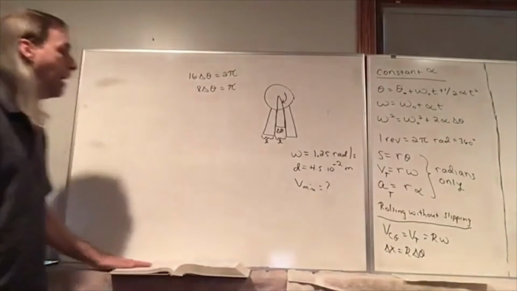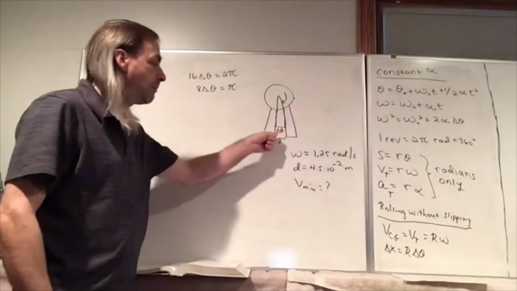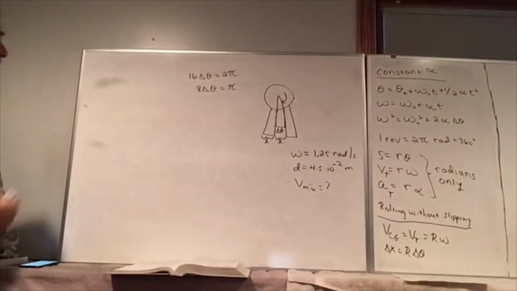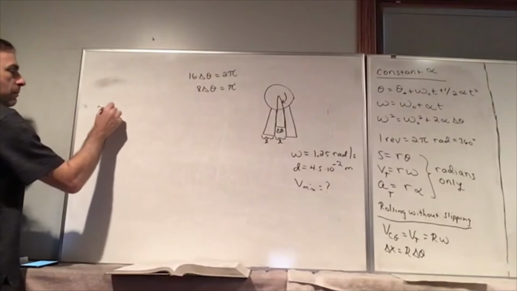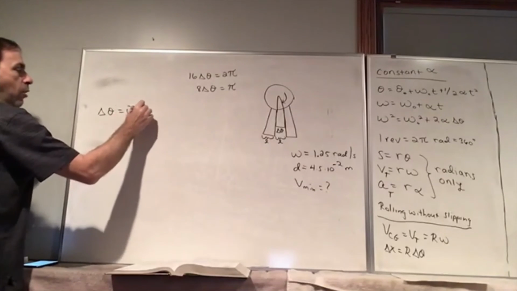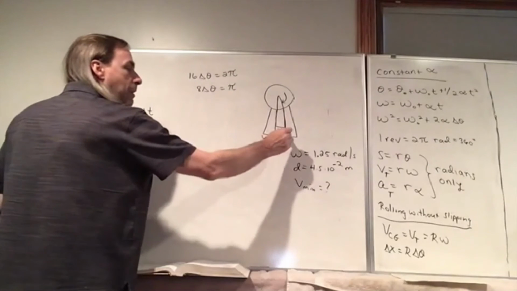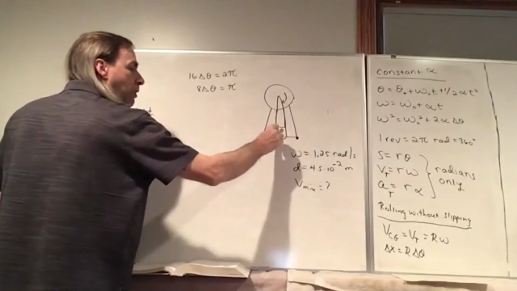So anyways, let's put a couple things together. One thing that we need to do, though, is look at the time it takes for the blades to go through this angle delta theta. So delta theta would be omega delta t. So delta t is the time it takes for the blade, say this point, to move over to this point.